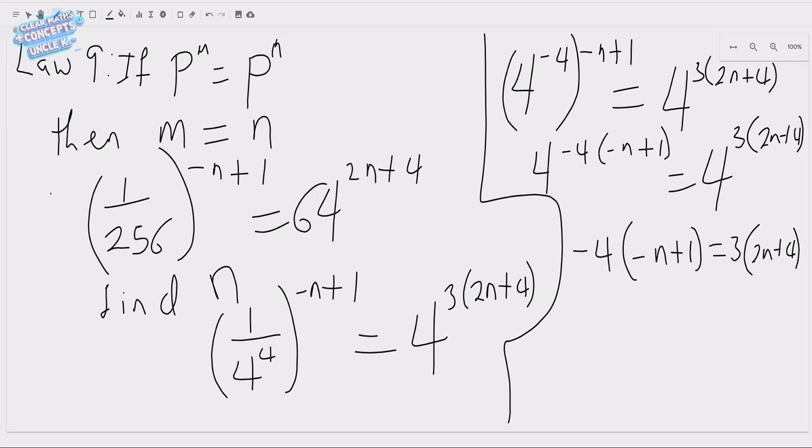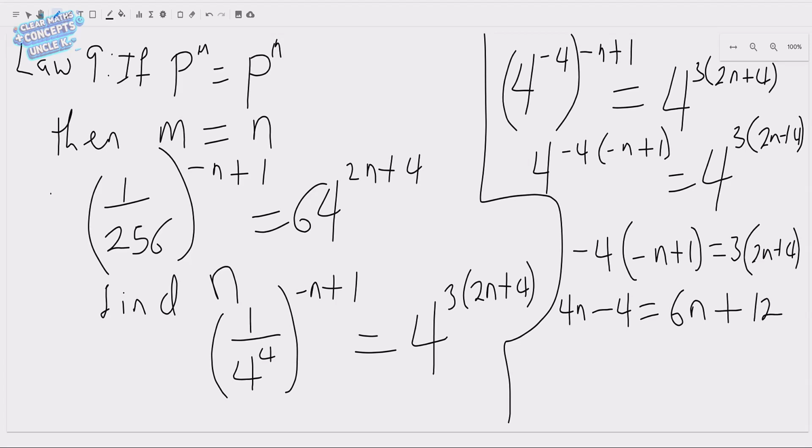If you open the bracket now, minus 4 times minus n. Remember I explained here, minus times minus will give you plus 4n. Minus 4 times plus 1 will give you minus 4. Then 3 times 2n will give you 6n. You have to know those basics because they will always reoccur. 3 times 4 is 12.